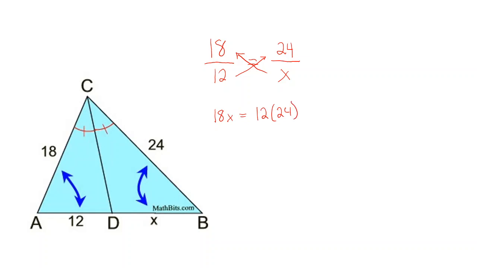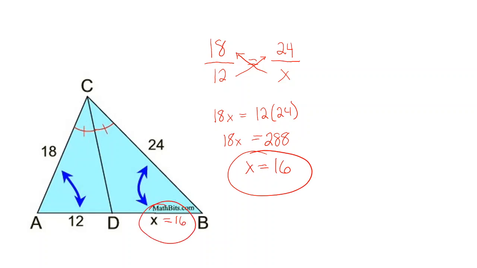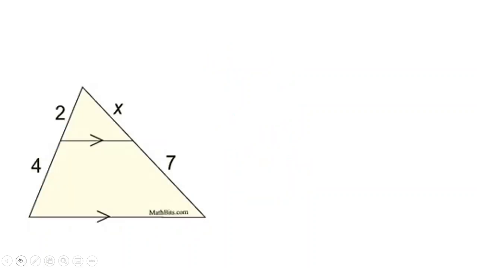So we do 12 times 24, and we'll get 288 equals 18x. Divide by 18, and we will get x equals 16. Alright, so x would equal 16 in this case. Does that make sense? You can see it's greater than 12, obviously shorter than 24, but it sets up a nice little proportion. Let's look at another example.